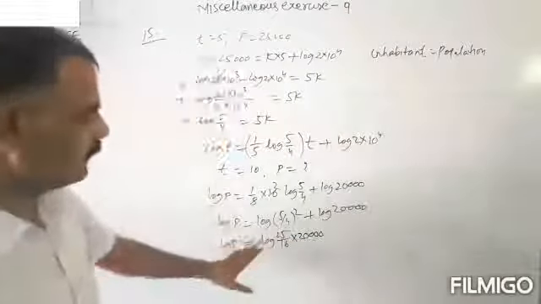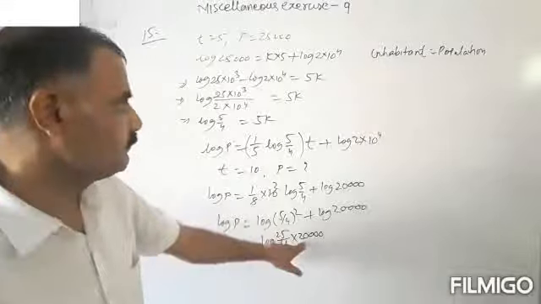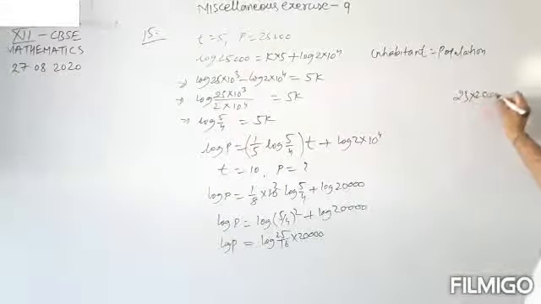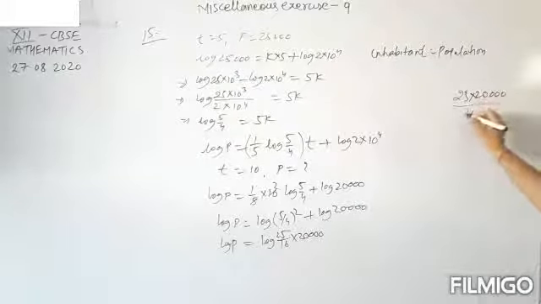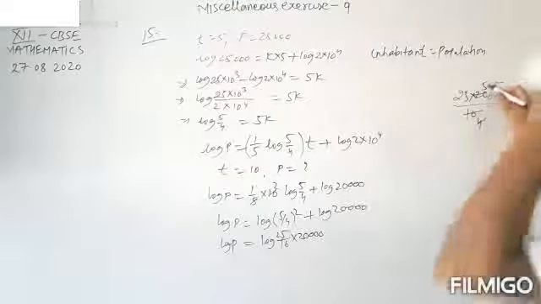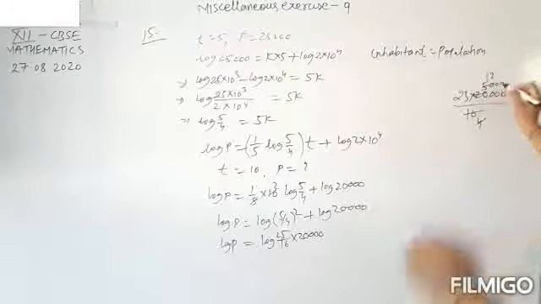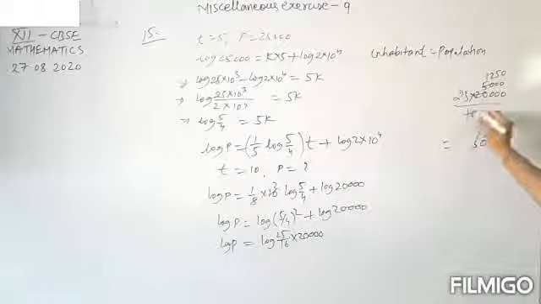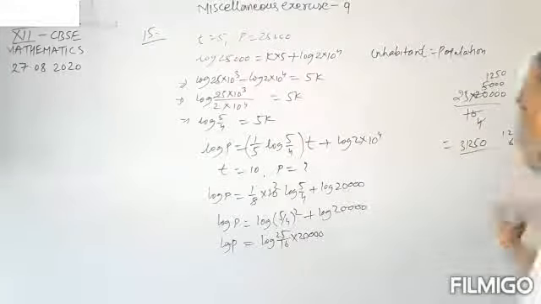Multiplying 25 into 20,000 divided by 16, we get 31250.